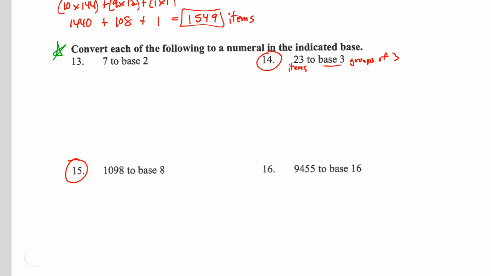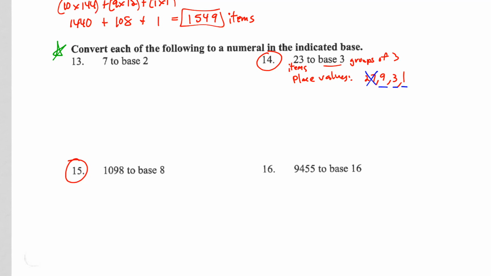They would be 1, 3, 3 squared is 9, 3 to the third is 27. Whoops, that went too far, because I only have 23 items. I can't make a group of 27. So my answer is just going to have 3 place values in it.